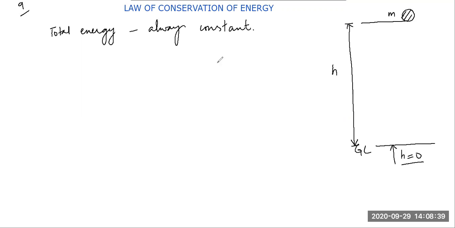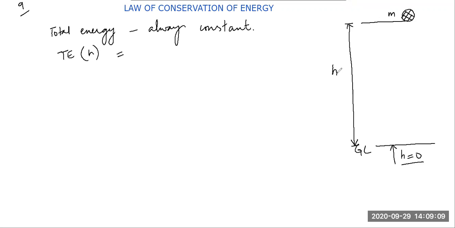Let's try to understand how. Students, this mass is not moving at this height h. What is the total energy of the mass at height h? Please tell me whether it is potential energy or kinetic energy when the ball is not moving.